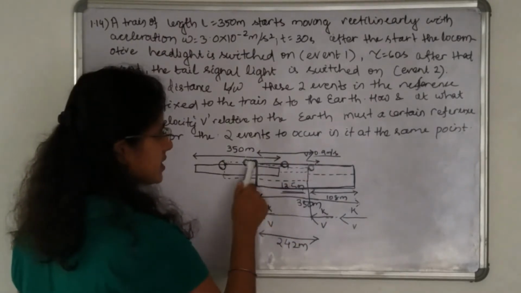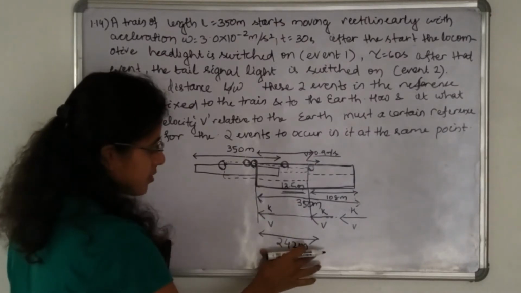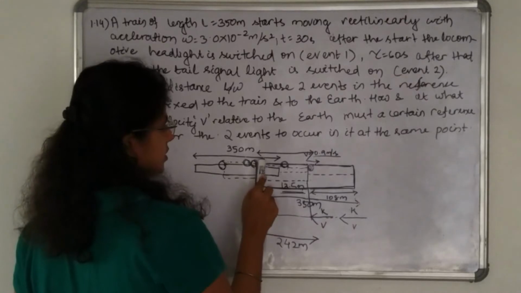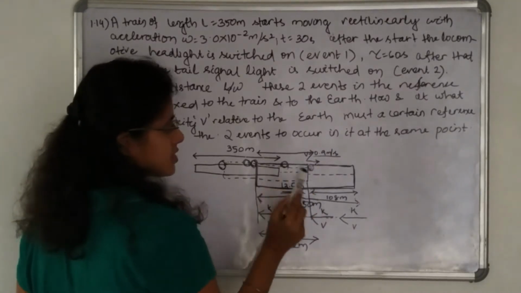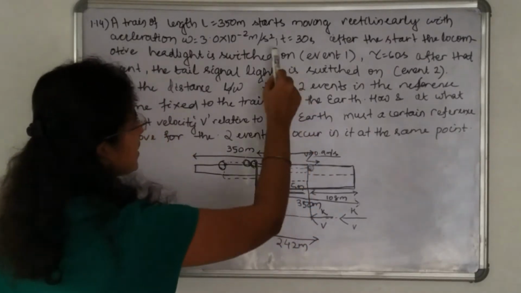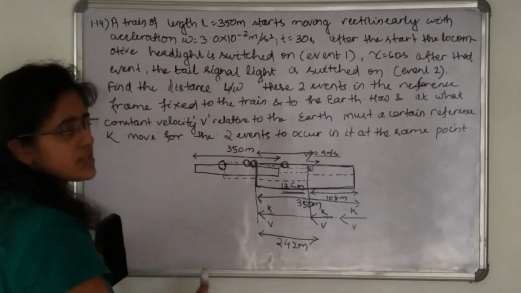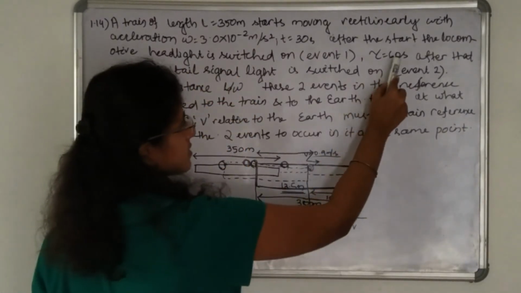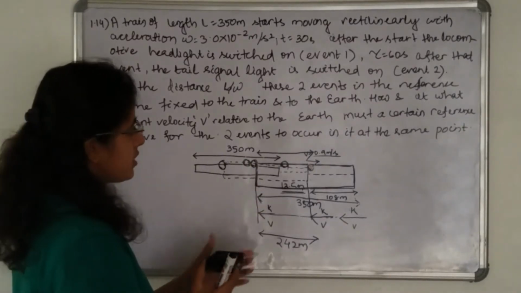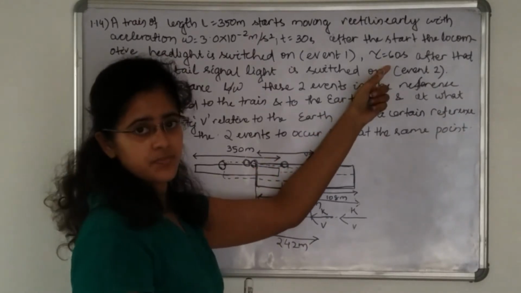So to experience these two events at the same point, it has to move in this direction, covering 242 meter with velocity v. We also know that the time difference between these two events is 60 seconds, because after traveling 30 seconds the locomotive headlight is switched on, then after traveling 60 seconds the tail signal light is switched on. So the time difference between these two events is 60 seconds.